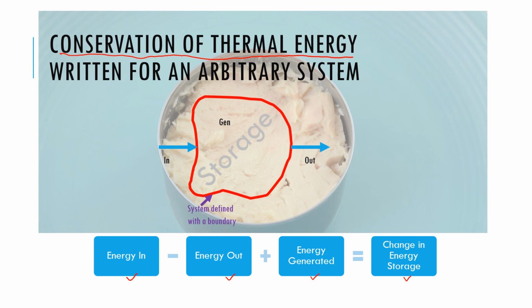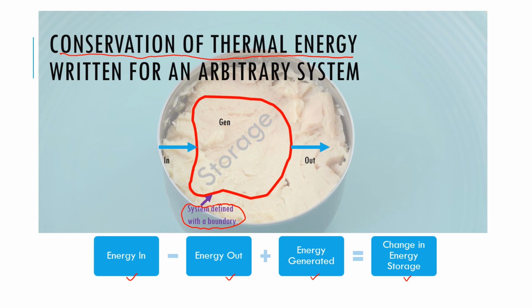But to apply this to a physical system, we first have to define the system boundary. It can be totally arbitrary: a food product, part of a food product, an equipment, and even bigger scale.